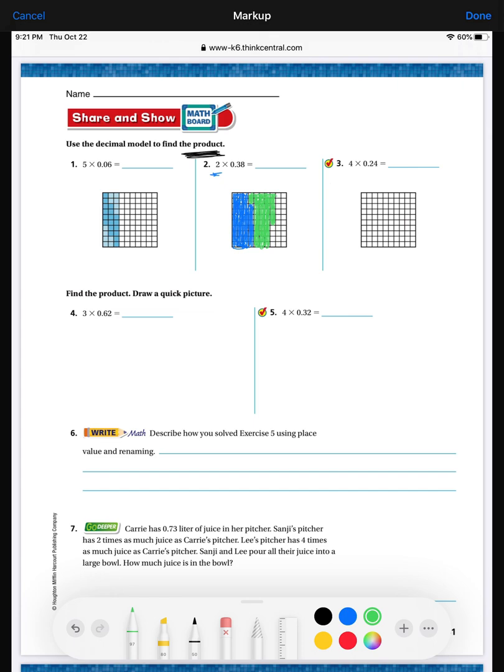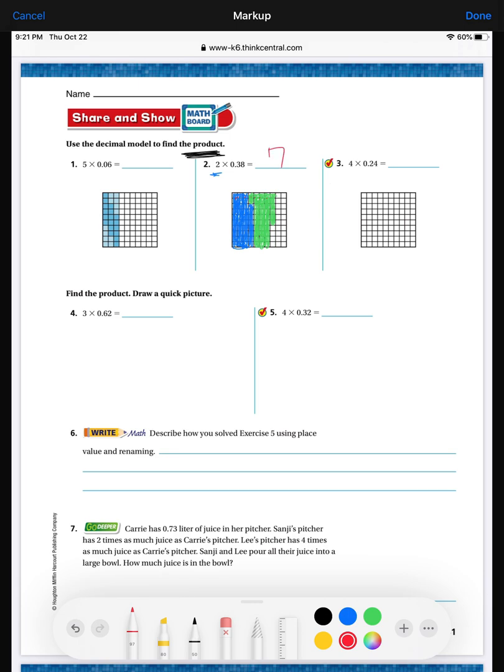Now what I would do is I'd count up those squares. I can count them one by one. Or I know in one column I have 10. So I could skip count by 10. So I have, let me use red here to do that. I have 1, 2, 3, 4, 5, 6, 7. And then I have 1, 2, 3, 4, 5, 6.